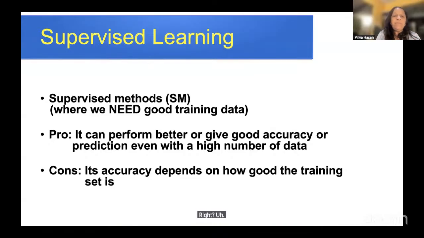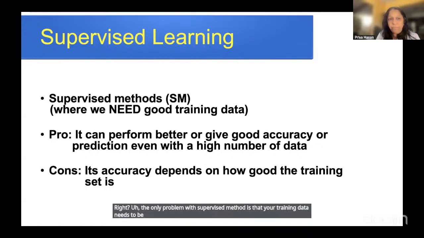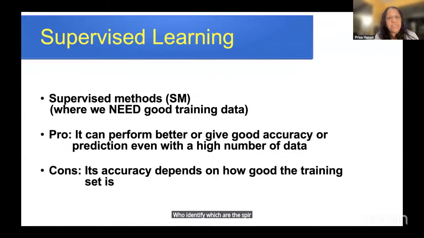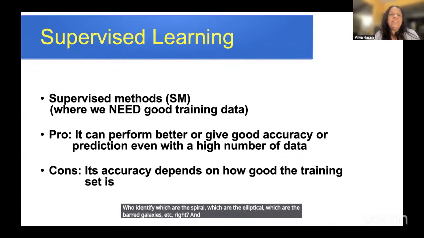The only problem with the supervised method is that your training data needs to be good. Now, Najam mentioned to you another example of supervised learning, which is the Galaxy Zoo project. In the Galaxy Zoo project, we have a training data set done by humans who identify which are the spiral, which are the elliptical, which are the barred galaxies, etc., right? And they are used as a training set.